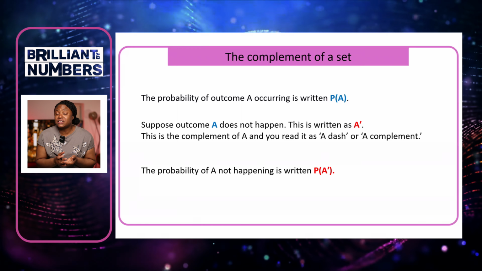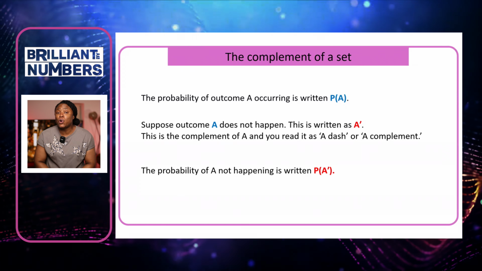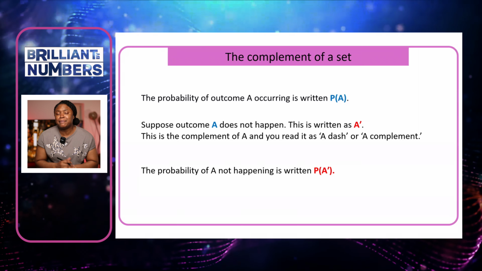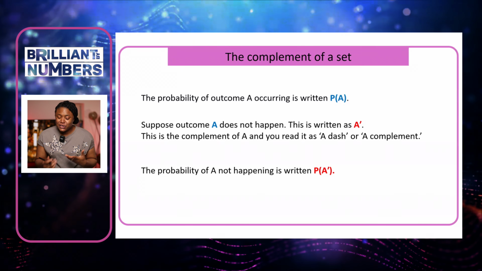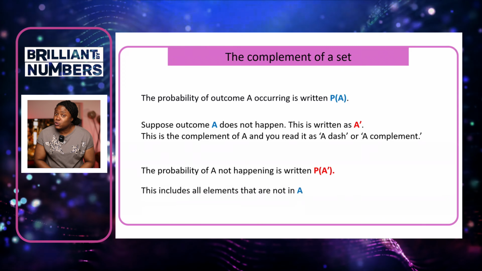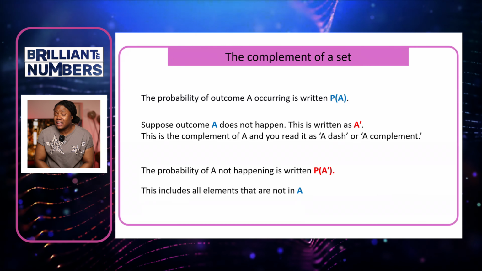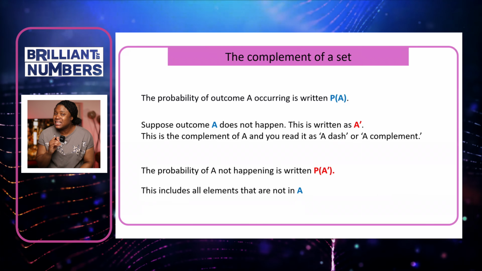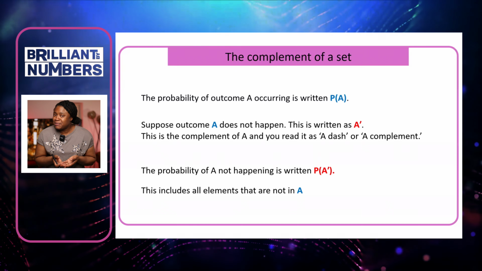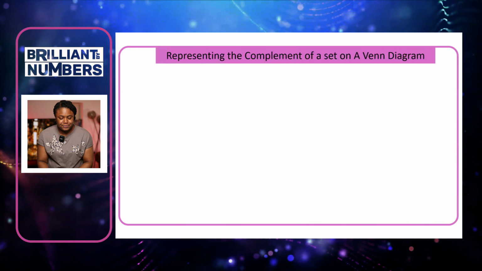However, if we're seeing A dash, it means that we need to list the probability of A not happening at all. And so we're going to look at what this looks like. But this includes all elements that are not in A. So I'll say that again. The complement of any set means all the elements that are not in that particular set.